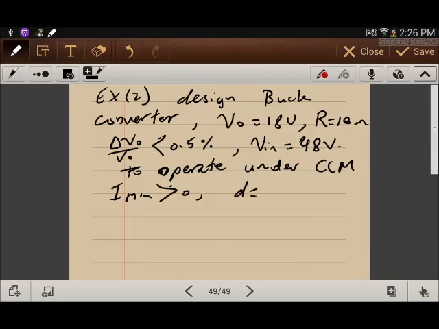The duty cycle here is unknown. The L is unknown. The C is unknown. So I have to design all these things. But the switching frequency that I have is 40 kilohertz.